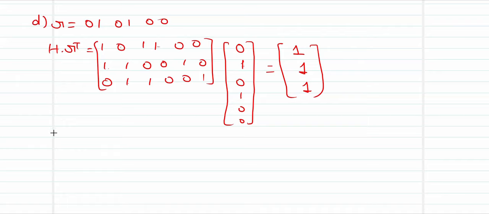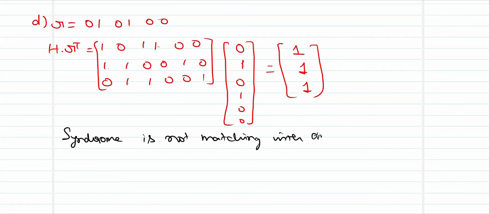So we will go and check where the syndrome 1 1 1 is, the important point over here. We see that none of the columns of H has 1 1 1. So we see that the syndrome is not matching with any column of your H. So what do we conclude out of it?